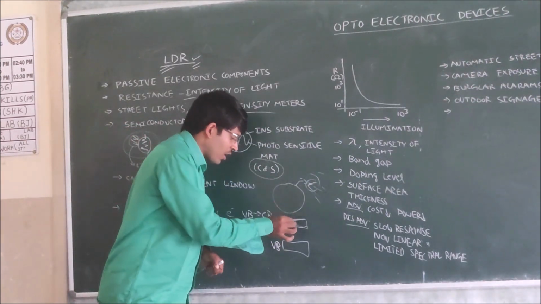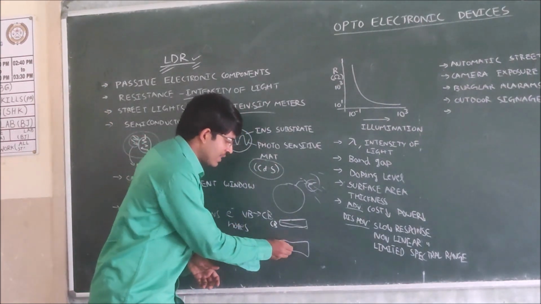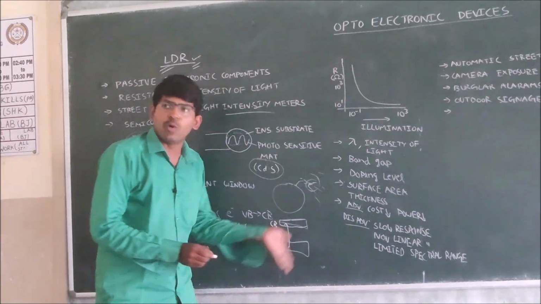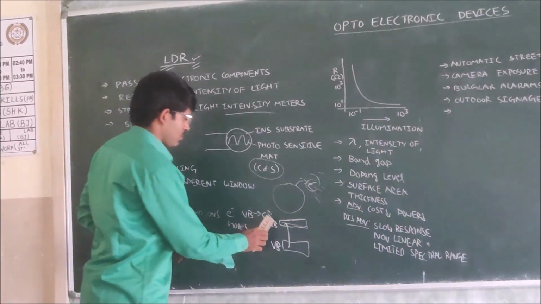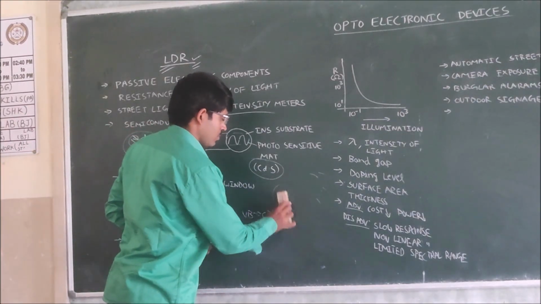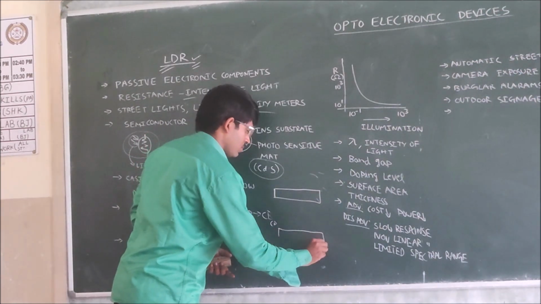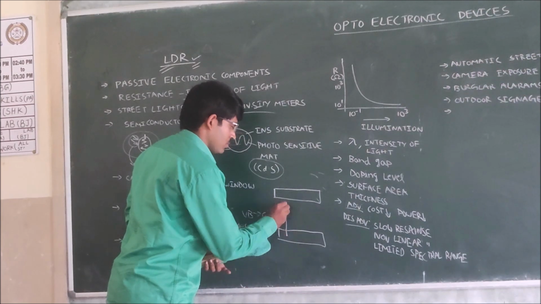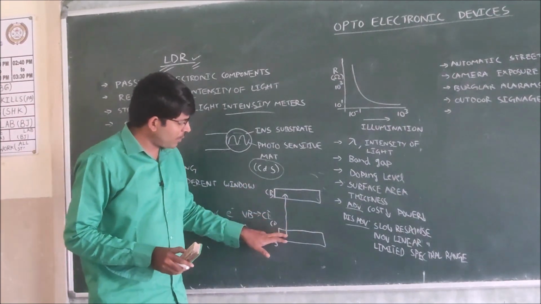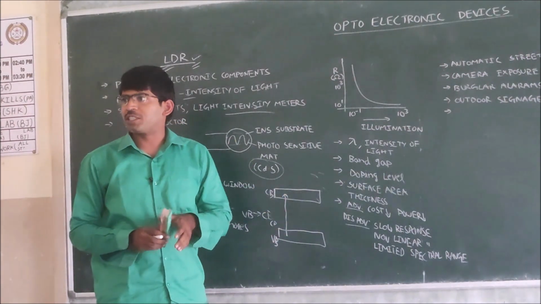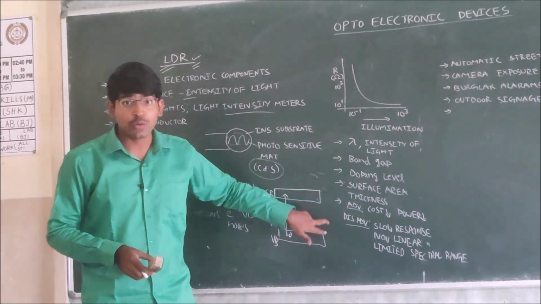So when the light falls, by gaining that light energy, the electron from the valence band will move to the conduction band. This will leave a hole here. A hole is a positively charged particle.